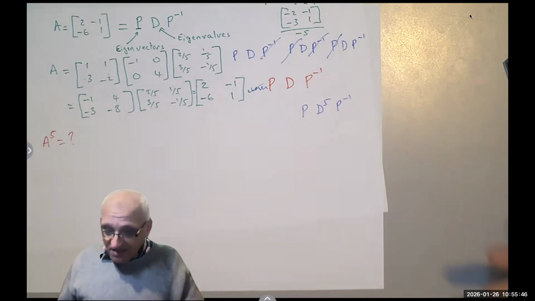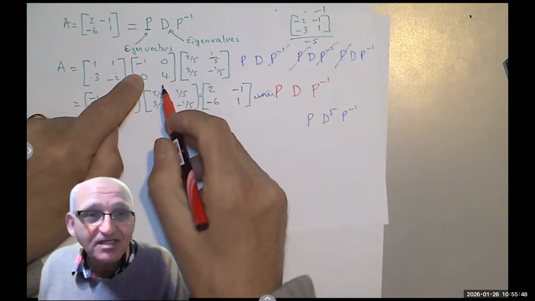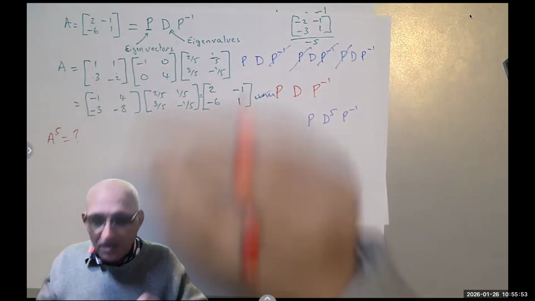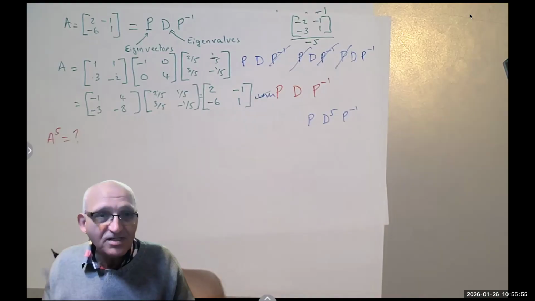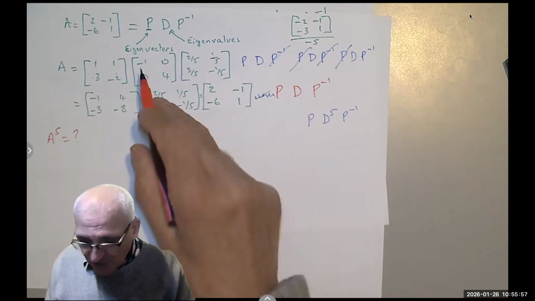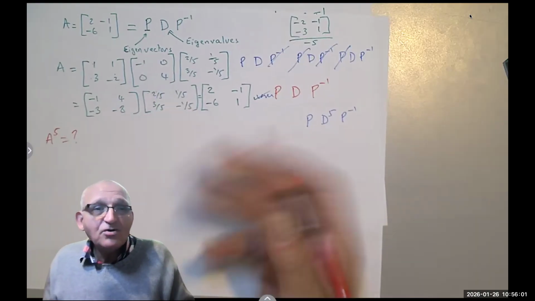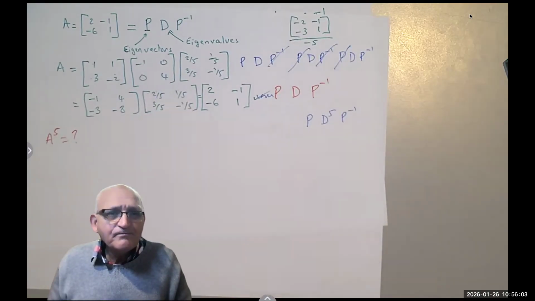It's so easy because that's a diagonal matrix. The eigenvalues will always form a diagonal matrix. So all you have to do is square or cube or raise this to the power of 5, and you're done.